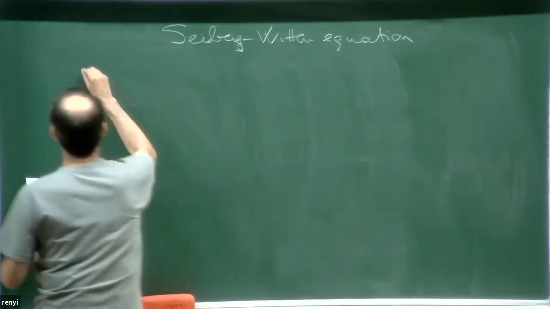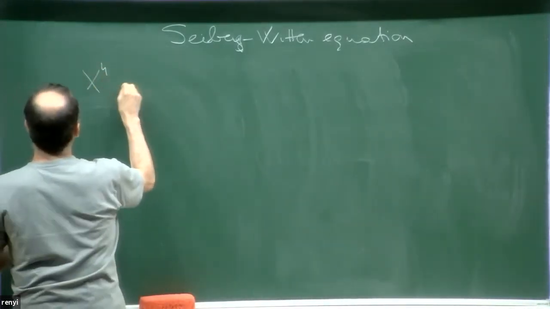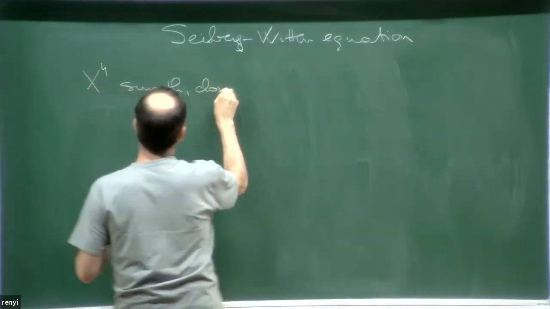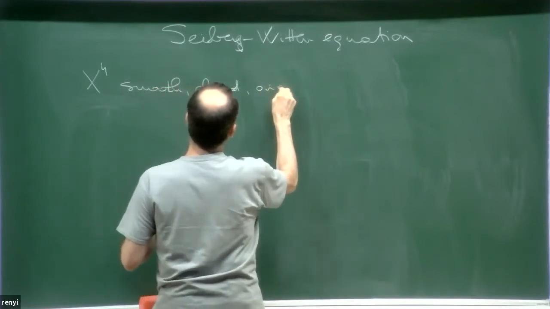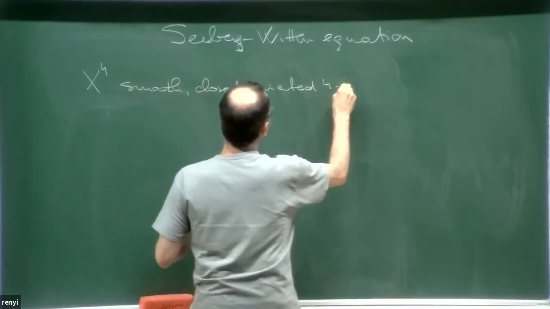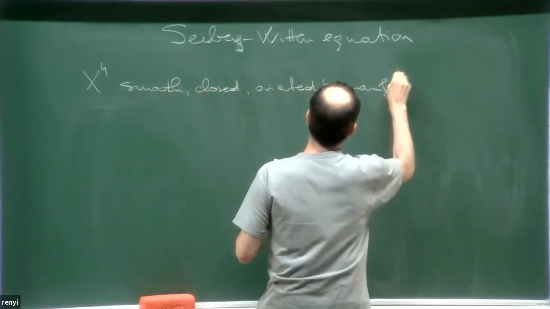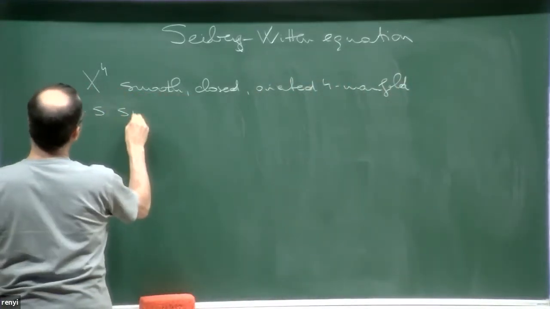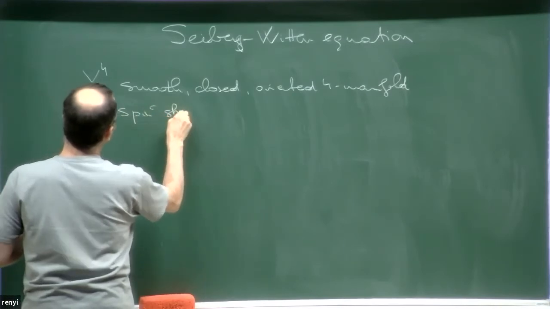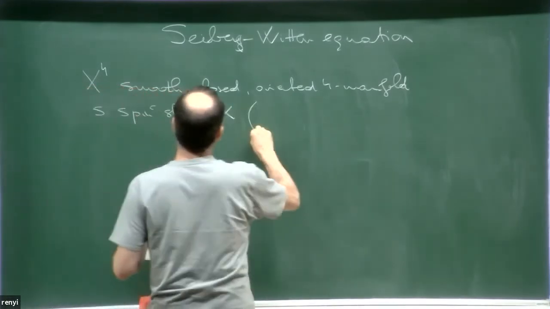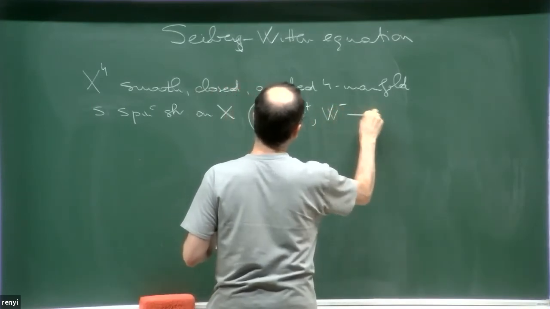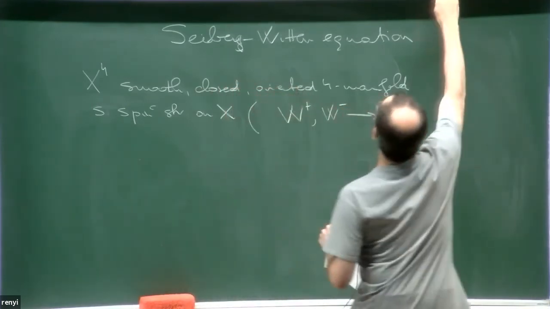But so once again, X4 is a smooth, closed, oriented four manifold. And S is a spin C structure on X, i.e., we have two U2 bundles. And of course, I forgot to mention one condition for these.